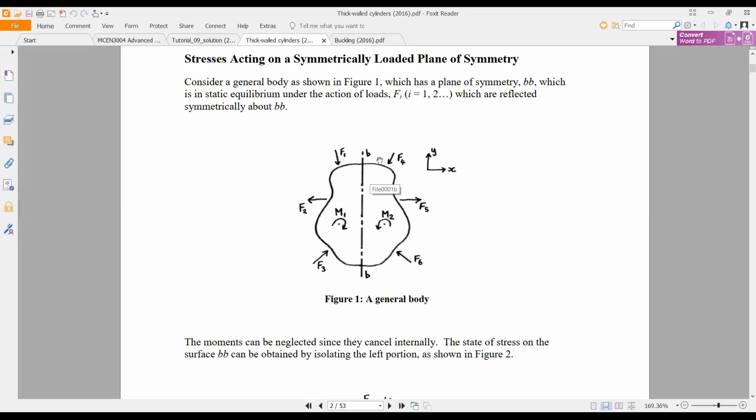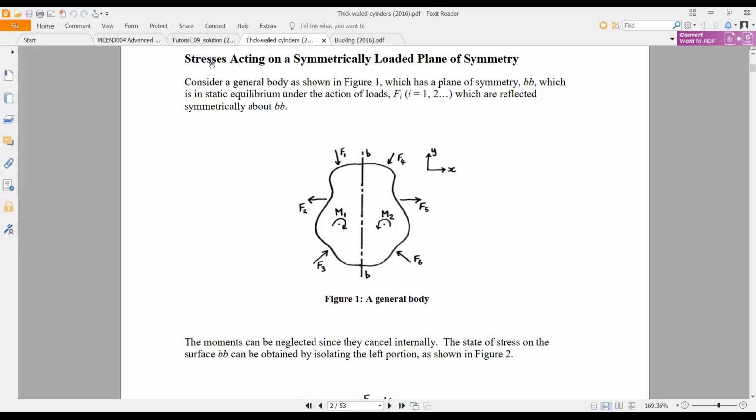You can see this figure is symmetric along this BB axis, isn't it? So you need to identify the symmetric axis anyway. If you have a shape with no symmetric axis, you can't apply this theory.